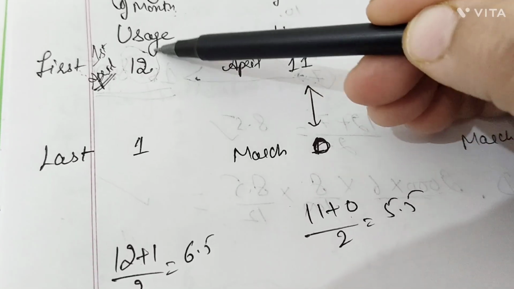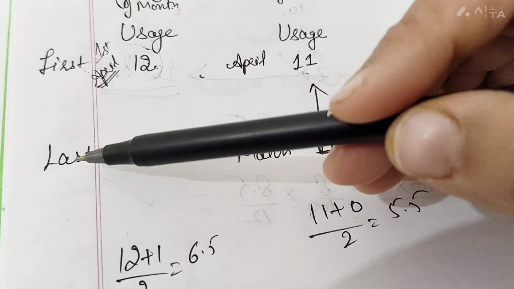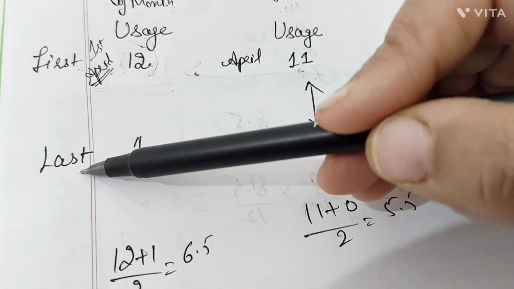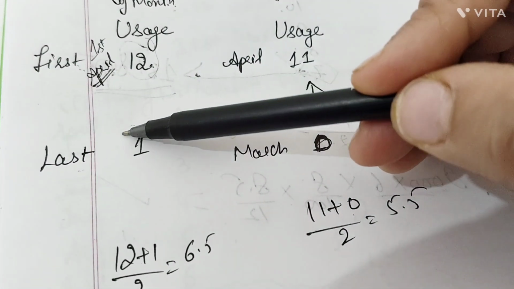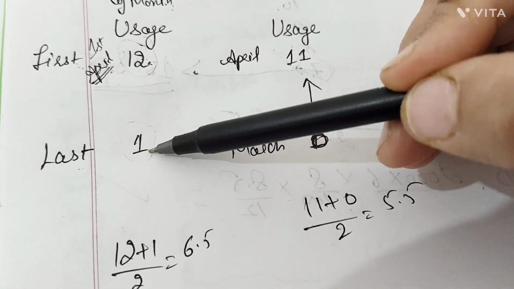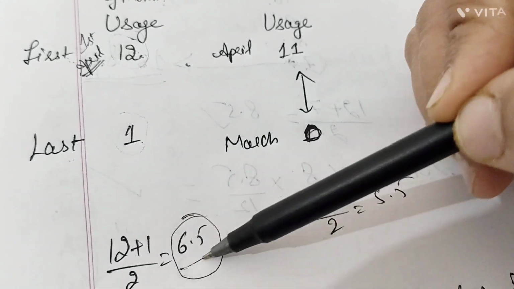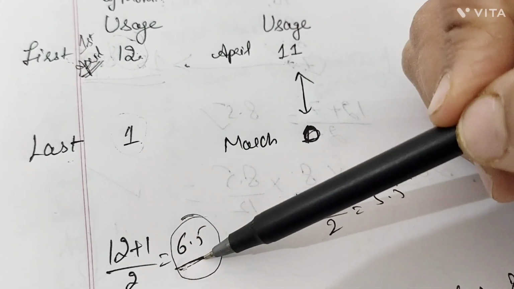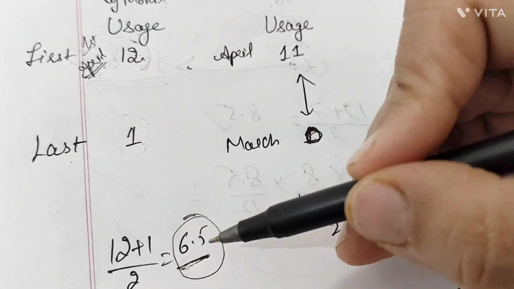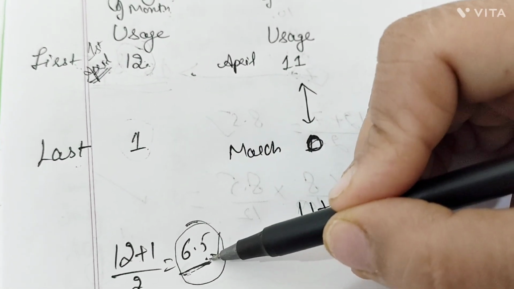So there are 12 months in which he can make use of the amount withdrawn. When he makes his last withdrawal, only the March month is left. So we take an average of 12 plus 1 divided by 2, that is 6.5. So for the interest on drawing calculation, the months would be taken as 6.5 if it is the beginning of the month.